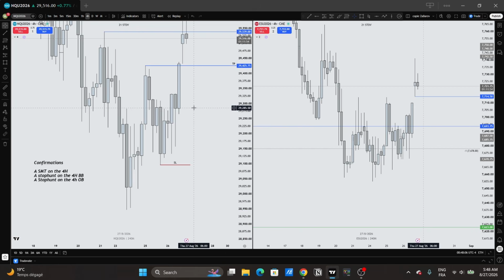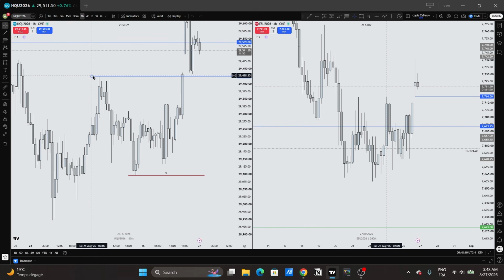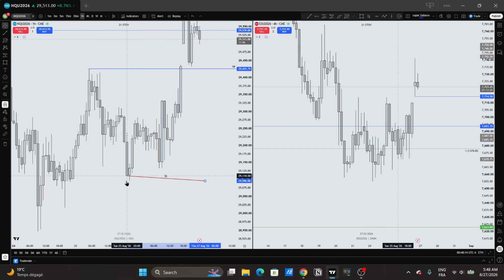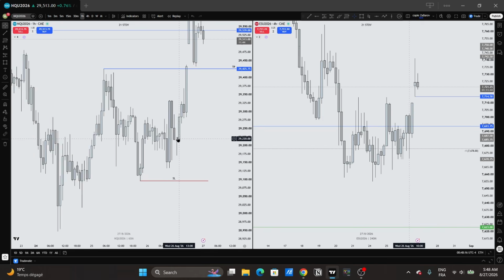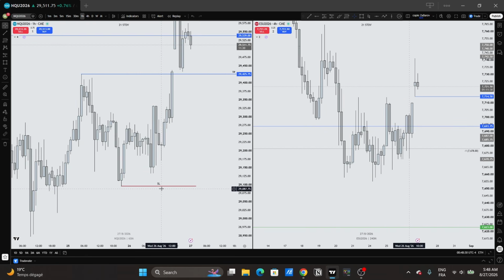So now for the entry, each trader prefers a PD array that seems to be working for him. Personally, sometimes I enter without waiting for a PD array's reaction. This is what I want to say to you in this video, which is an important thing: when you have a TP and a stop loss level, you can wait for a retracement.